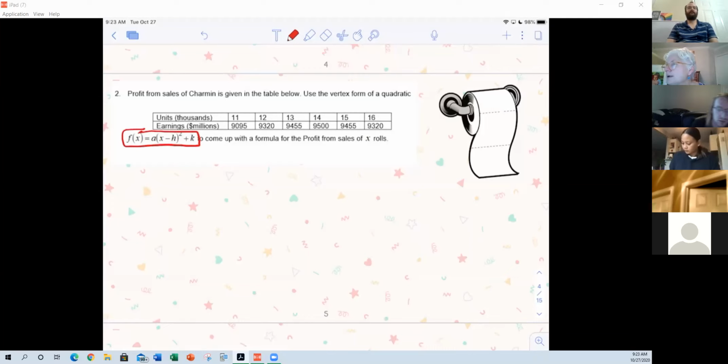What I want you to tell me first is, what is the vertex of this parabola given that data? When you figure it out, type it in if you will. Great.